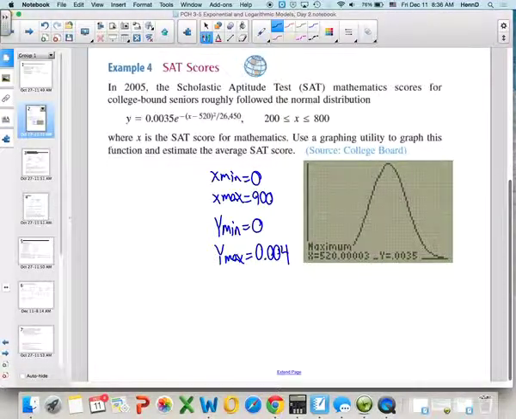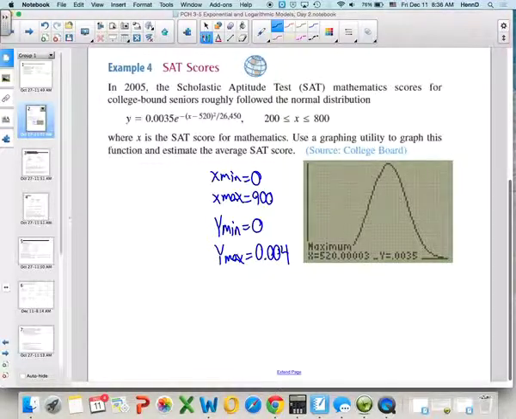That's why this is sometimes hard to see when you graph it on your calculator. Notice in this case I'm looking at x values going from 200 to 800, so I made my window go from 0 to 900. But the y values at the highest are going to be 1, and we actually had to zoom in even closer.